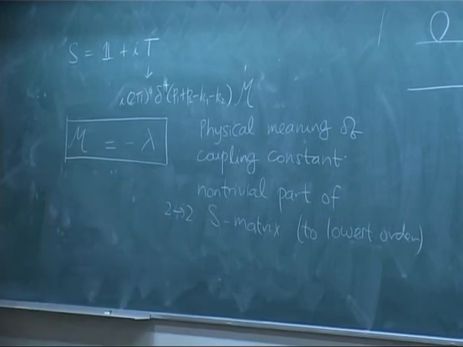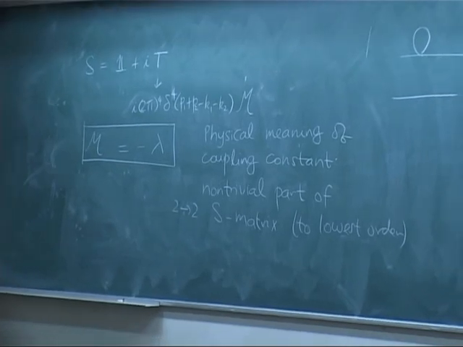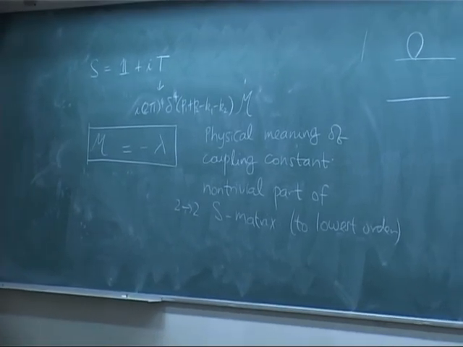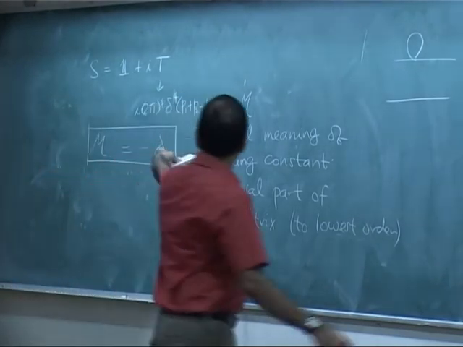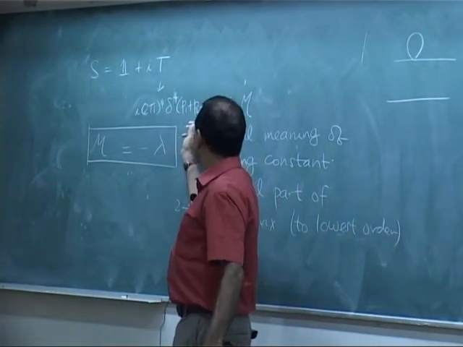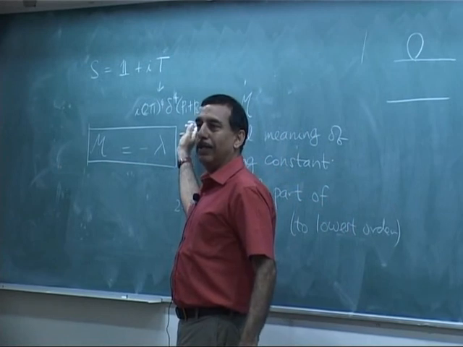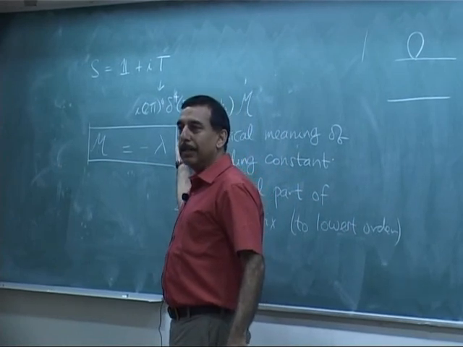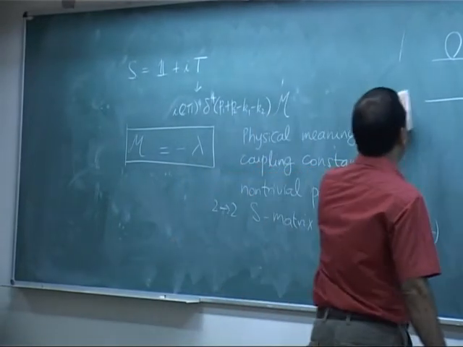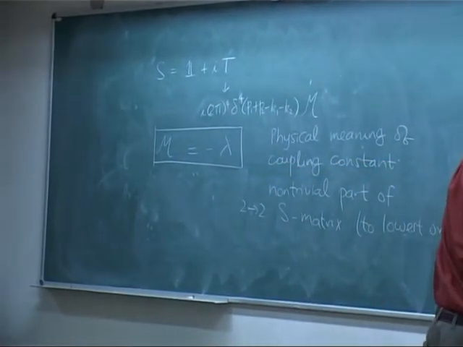And now I'll stop with one final comment, which is that, again in this, there are no propagators. This is the full momentum dependence of the answer. There is not one propagator for each external leg. So there never is any propagator for external legs when we calculate the S matrix.